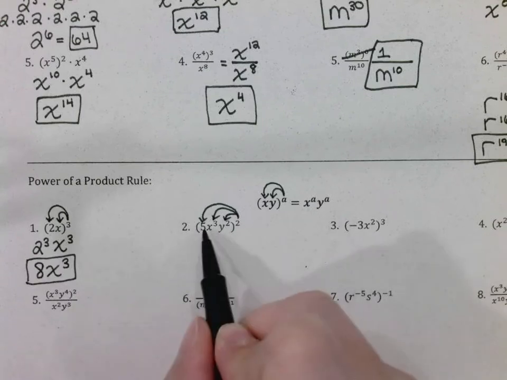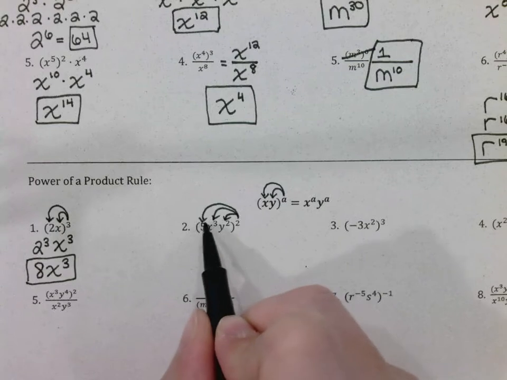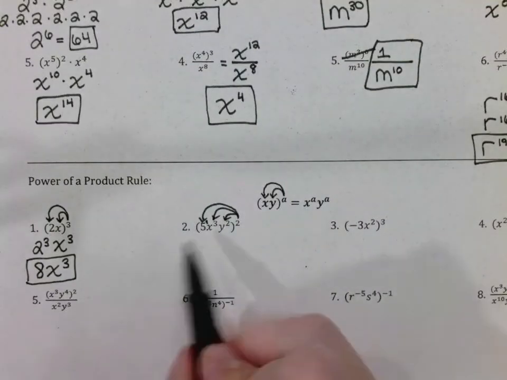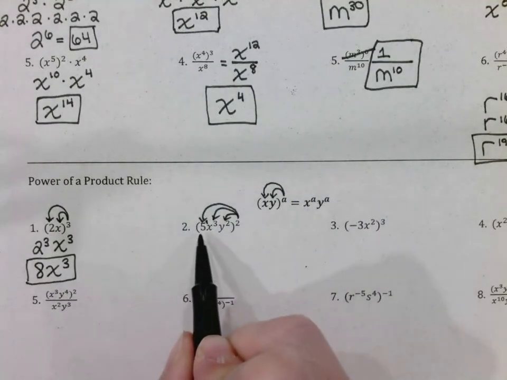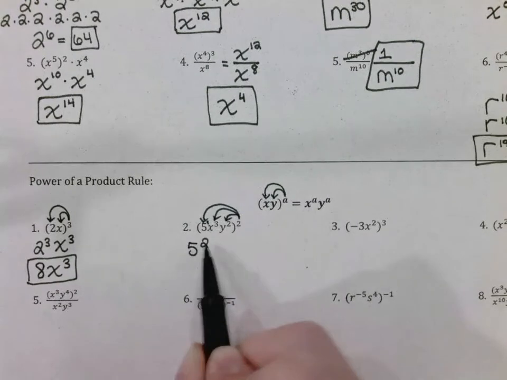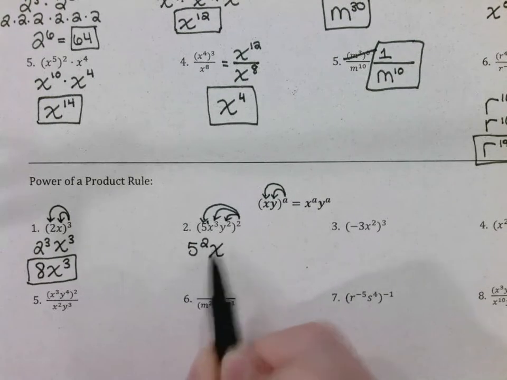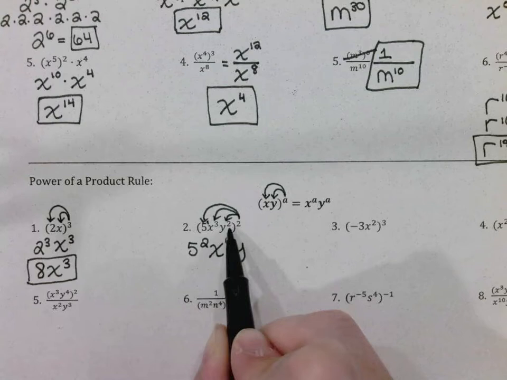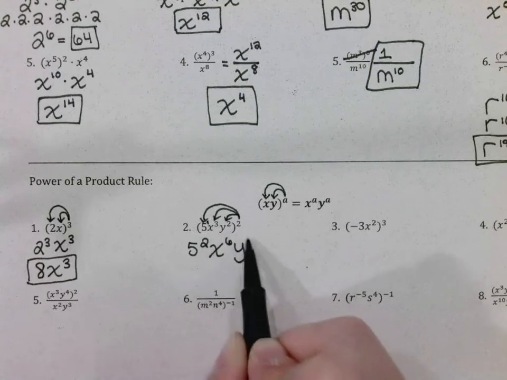And you can always think of 5 as having an exponent of 1. Remember, if we don't see an exponent on it, we know it's actually just equal to 1 up there. So this is going to be 5 to the 2nd power, x to the 3 times 2, which is 6, and then y to the 2 times 2, which is 4.